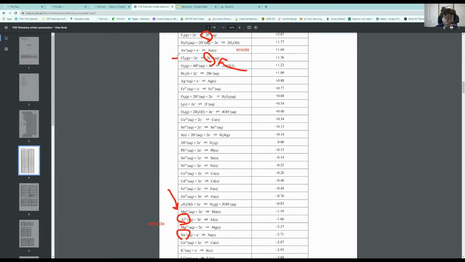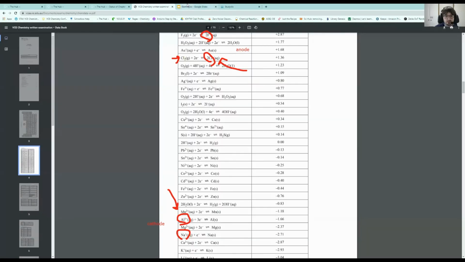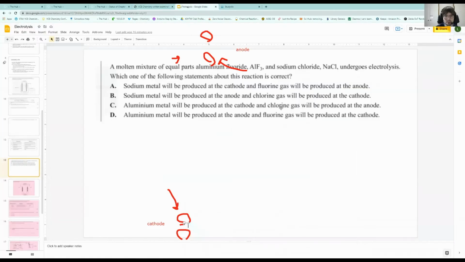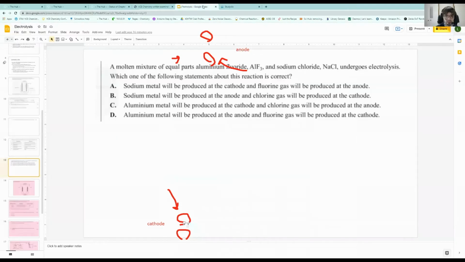So therefore we'll make chlorine gas at the anode and aluminium metal at the cathode. Aluminium metal will be produced at the cathode, that's what we said, and chlorine gas will be produced at the anode. I think that's what I said. So C is looking pretty good here.